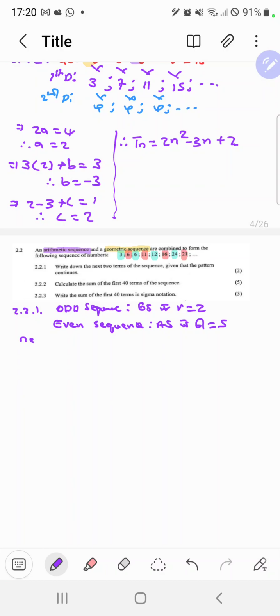So the next terms are going to be 48. And then the next term is that of the even sequence. It will follow. And then, of course, we just add 5 to 21, and then we're getting 26.